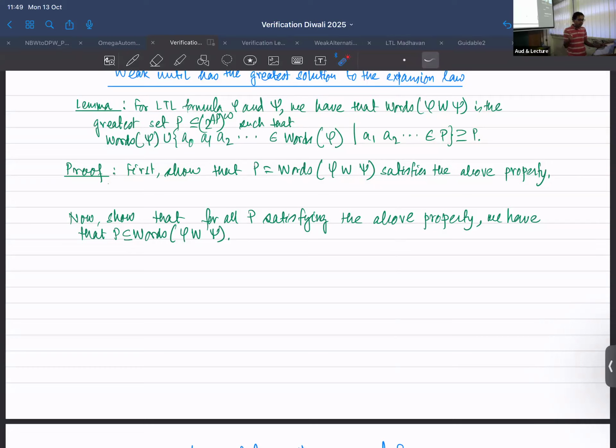If that is not the case, then currently it is satisfying phi, and from the next step it's satisfying phi weak until psi, right? So this is exactly the set of words which corresponds to phi weak until psi. So this set, words(phi weak until psi), satisfies this constraint.